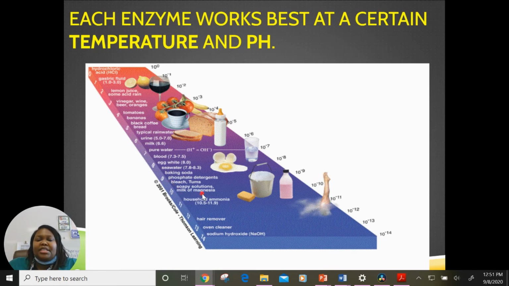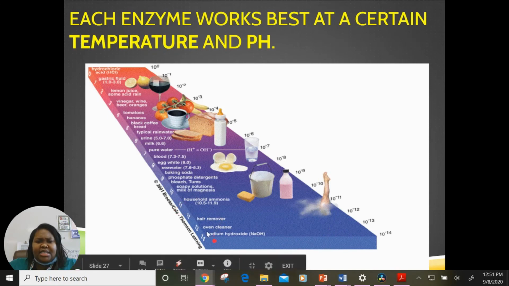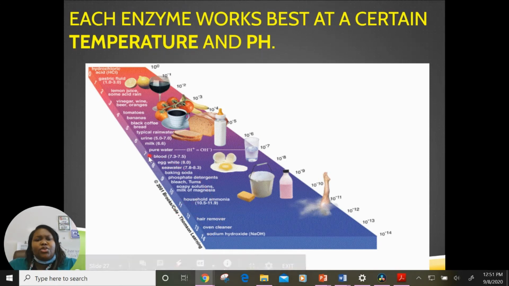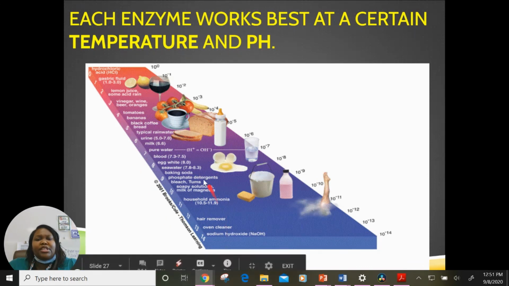Something that's really basic is ammonia, if you've ever used ammonia to clean. If you have ever used Nair, Nair is really, really basic. The opposite of an acid is a base. So when you get to the 8 through 14 area, you're talking about things that are basic.